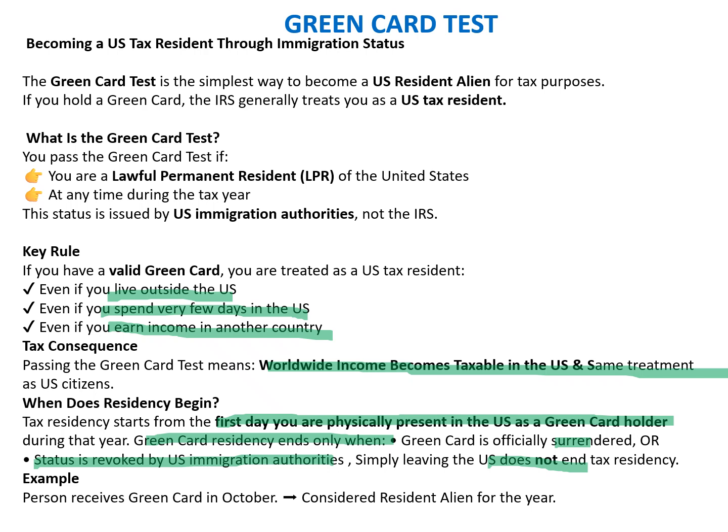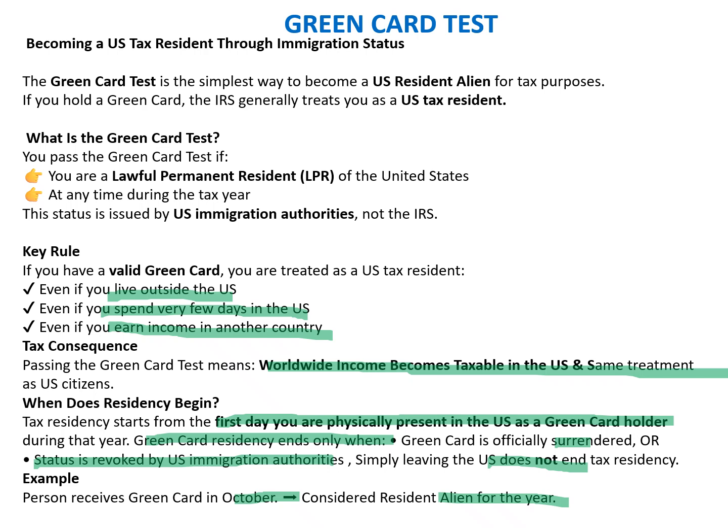And it only ceases when you have surrendered the green card or when it is revoked by the authorities because of anything done against the rules of the immigration authority. If it is revoked, then you automatically cease to be a resident alien. For example, a person received the green card in the month of October and is considered a resident alien for that year. So the moment you get the green card, you are treated as a resident alien.